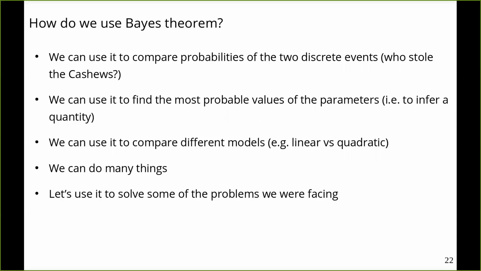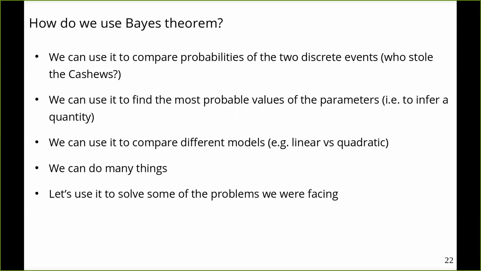We wanted to find the value of the parameter in our model, right? We can use it to compare different models. Like, for example, if you really wanted to do detailed model comparison between the linear relationship in the Hubble law and the quadratic one, which would tell you whether the universe is expanding in an accelerated fashion or not. For that, you would have to do model comparison, and so on and so on.